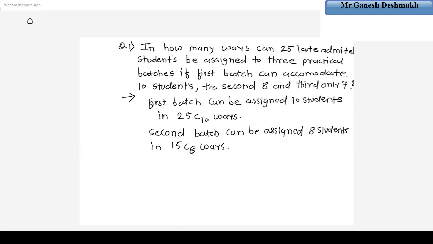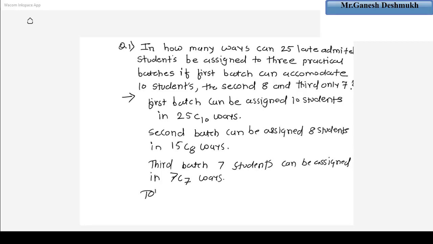So we are left with 7 students. And how many to be assigned to the third batch? 7 only. So the third batch can be assigned 7 students in 7C7 ways. So finally, what is the total number of required ways?